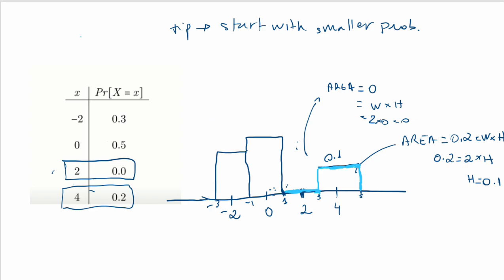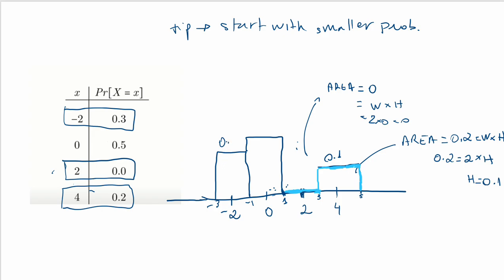Now, let's do it automatically here. My next one is the first one: what's the probability of my variable being -2? Well, it should be 0.3, but if I put 0.3 here, my probability won't be 0.3, because it will be 0.3 times the base, the width, and the width is 2.